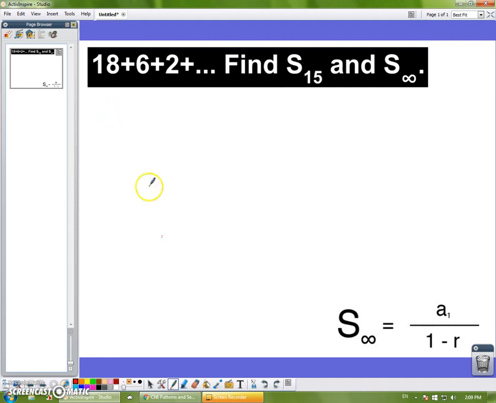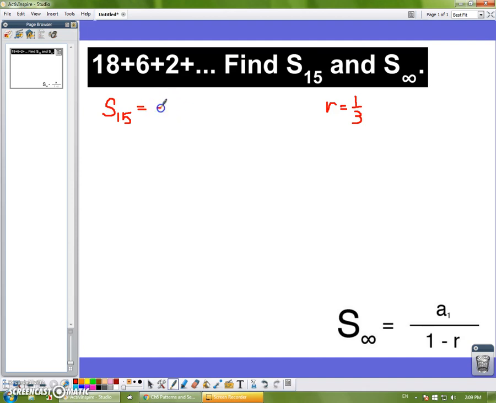The first part, S15. Is this geometric or is this arithmetic? Let's verify that. So 18, 6, 2. It seems like my R is equal to how much? My R is equal to 1/3. Is that right? Which means it is a convergent series.